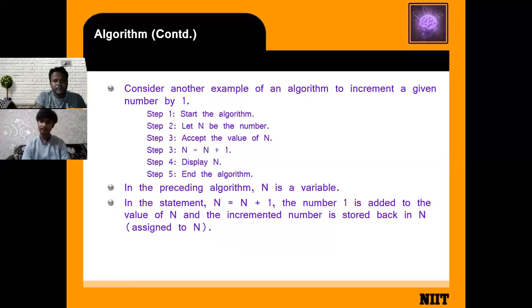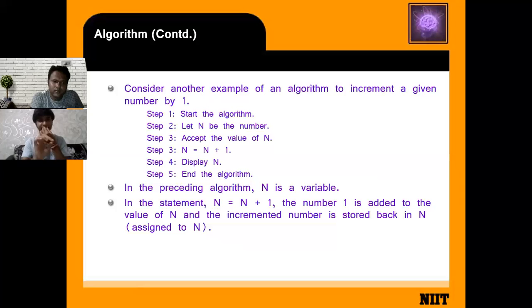In step 3, accept the value of n means we have to mention that we accept that value. We can also do it like let the number be n, and for increment n is equal to n plus 1, and this can also be done.